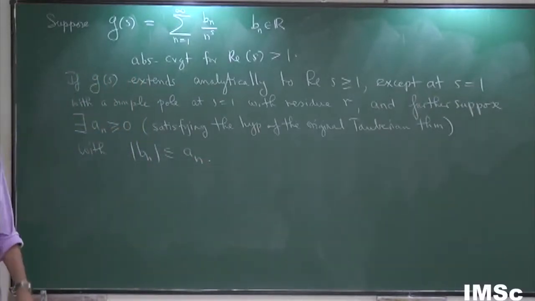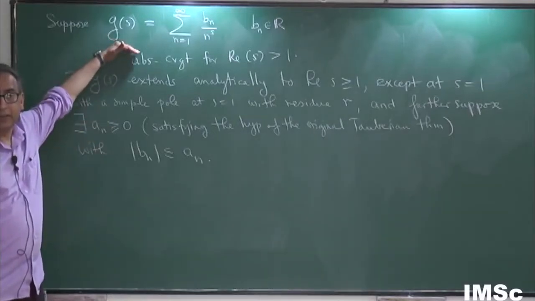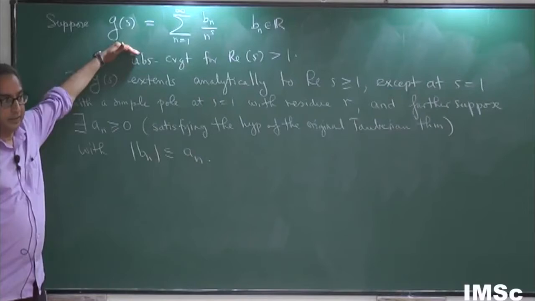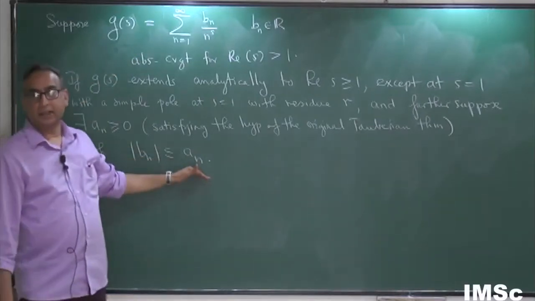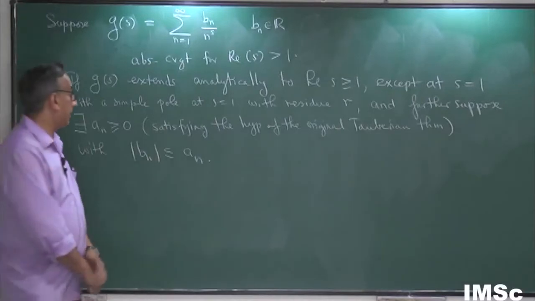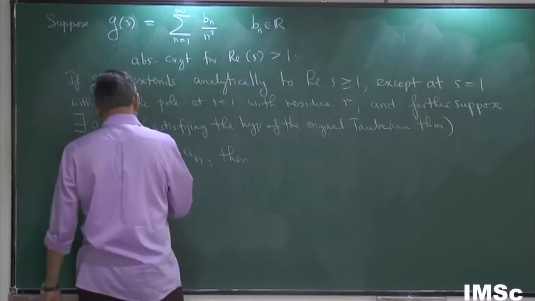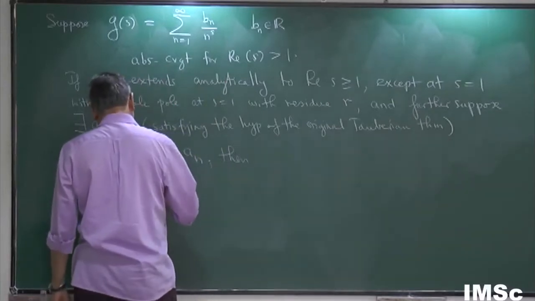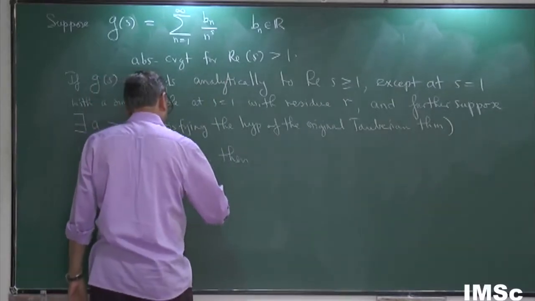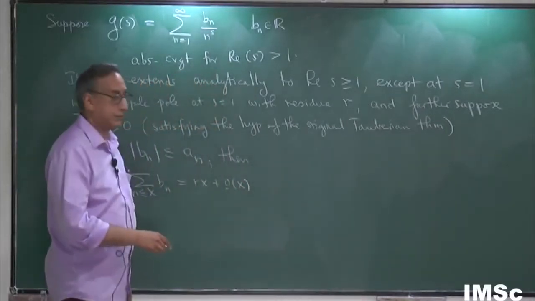Okay, so I just need this extra. You give me any other series with real coefficients, but if I can dominate it by something that satisfies the original Tauberian theorem, then I can actually conclude what I want. Then the summation over n less than x of b sub n is equal to Rx plus little o of x as x tends to infinity.